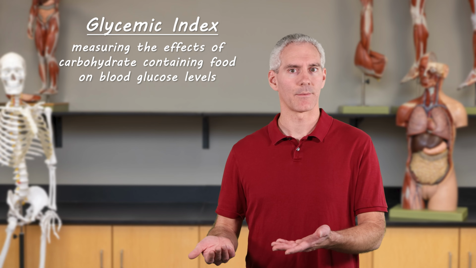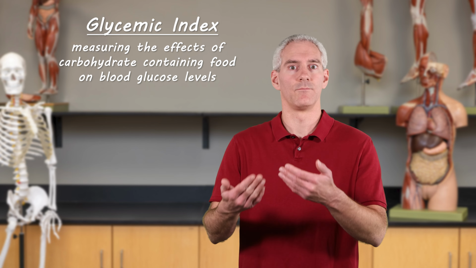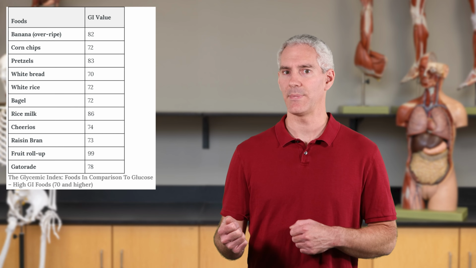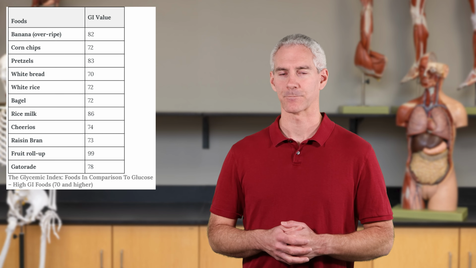If you have higher carbohydrates in the food you're eating, you have more glucose in your blood. Pretty much exactly. But the reason this is important is if you're trying to monitor how many carbohydrates you're ingesting, the glycemic index can help you realize, you know what? This is going to have more of an impact compared to this.